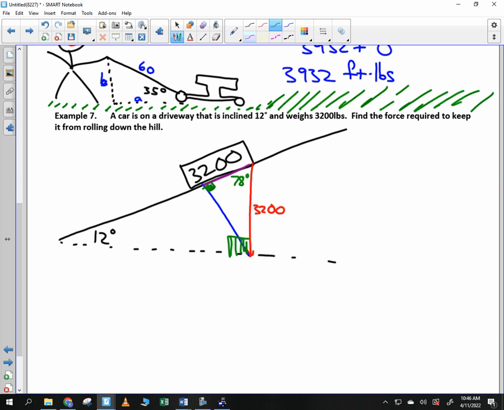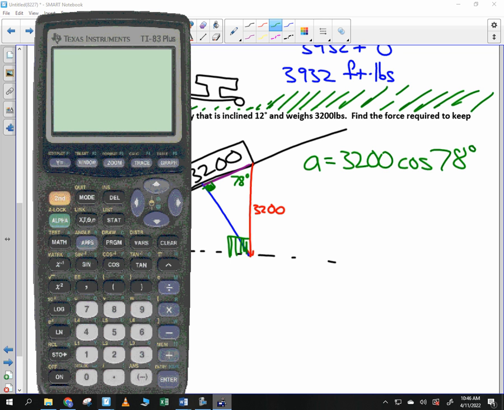So I'm going to set up the horizontal component as 3,200 times the cosine of 78 degrees. And we said that we need to come up with a number less than 185 if Drew is not going to get smushed by this. So 3,200 times the cosine of 78, and I get, oh, sorry, buddy, not making it.